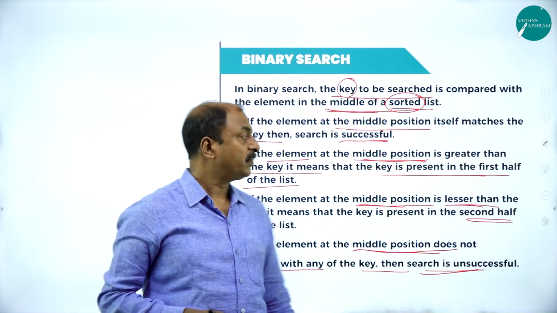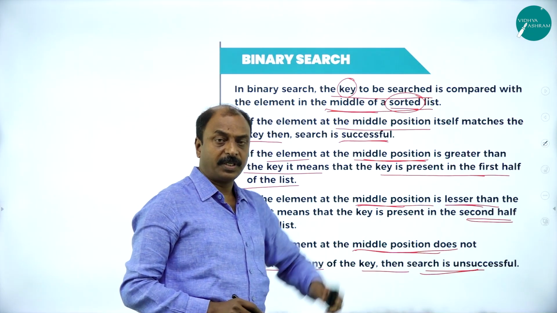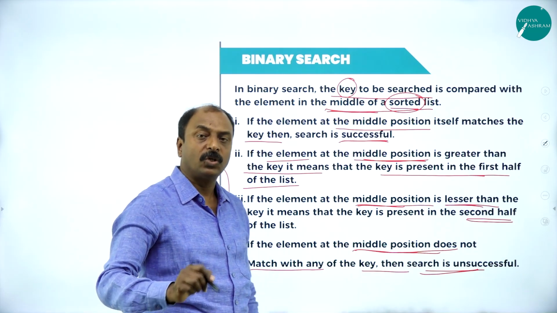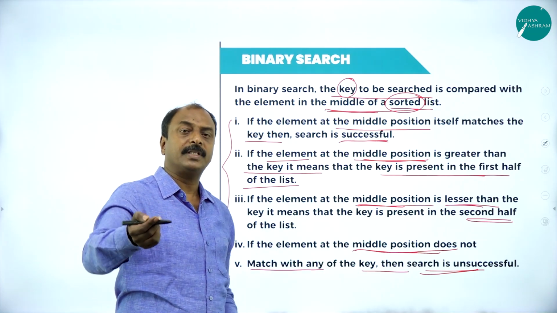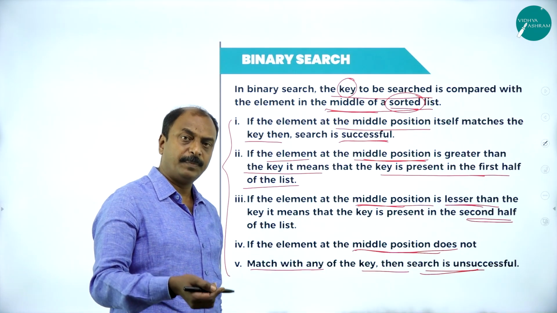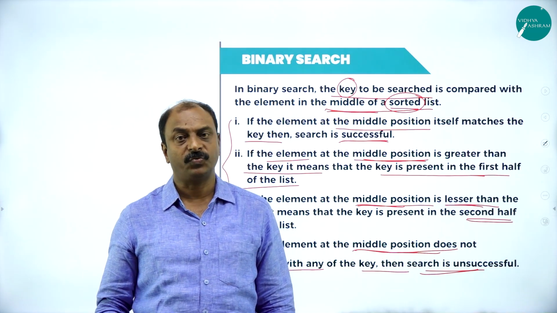The first condition for binary search is that the list should be in sorted order. Then I have to find the middle element and compare the key element with the middle element of the given list. If these two match, the search is successful.